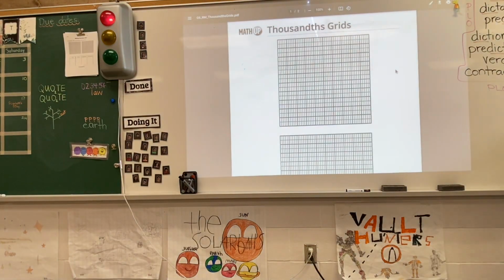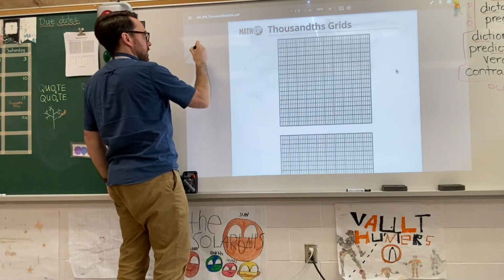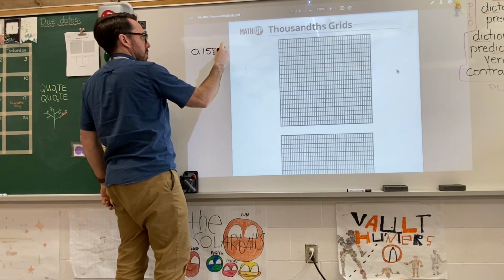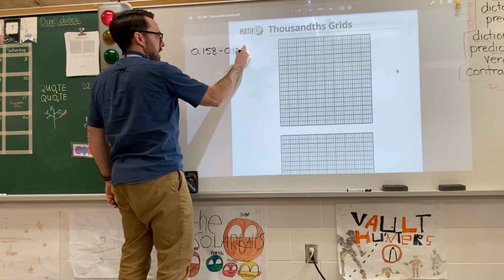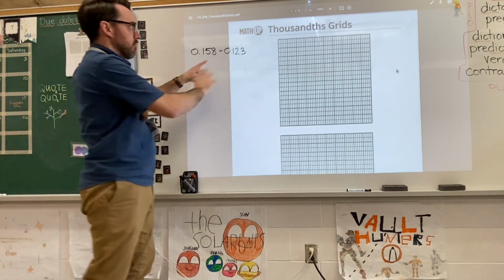Okay, thousandths grid. So if I have a question like 0.158 minus 0.123, okay? Take my lower number there and draw that first.